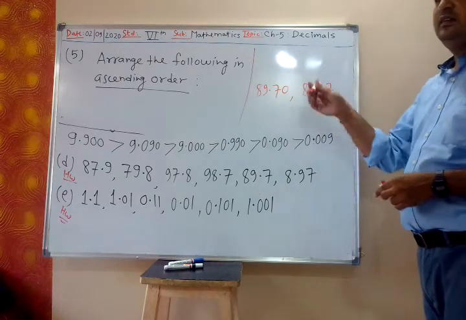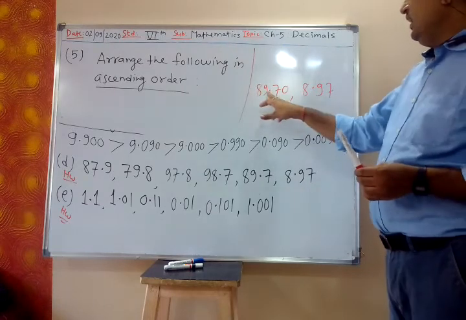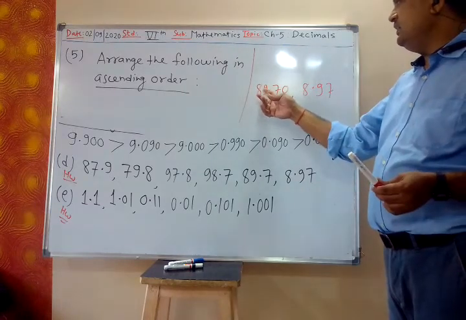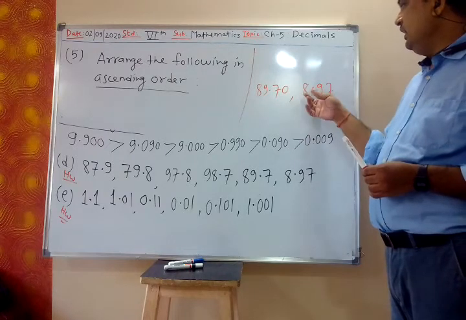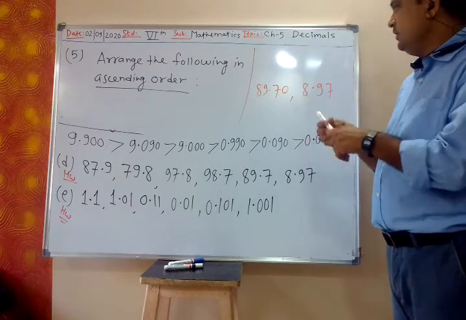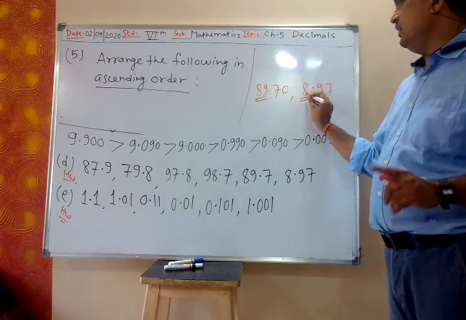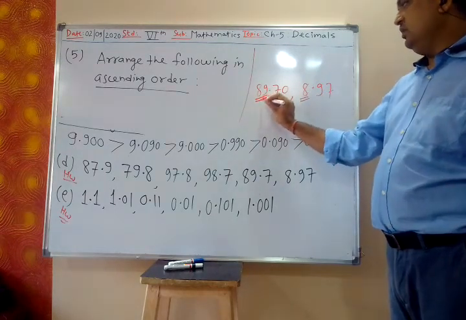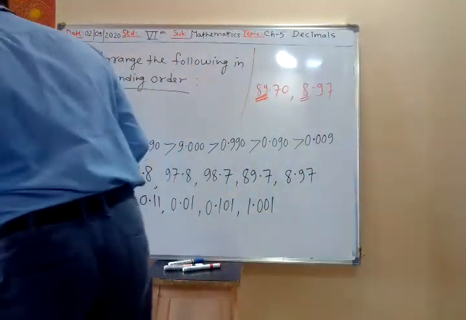How are they same? There is a difference. So 89 is bigger than 8. Are you getting?